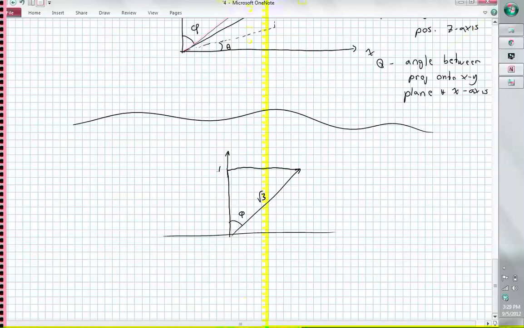Okay, so now we know 2 distances. Is that enough to get phi? Because as you note, this is a right triangle. You know the adjacent side and you know the hypotenuse.